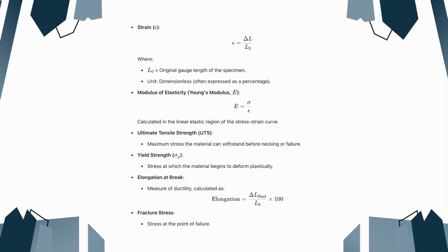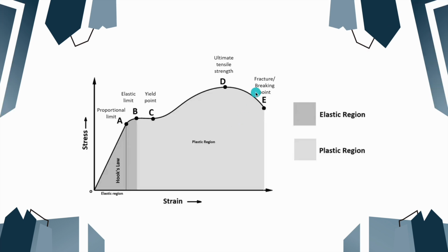So let's understand what ultimate tensile strength is. It is the maximum stress the material can withstand before necking or failure. Generally the ultimate tensile strength is the maximum strength the material can withstand, whereas the yield strength is something else, I'll show the graph. So this is the point D, the ultimate tensile strength.